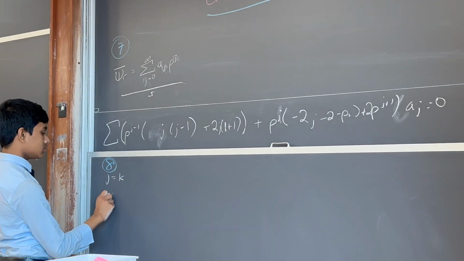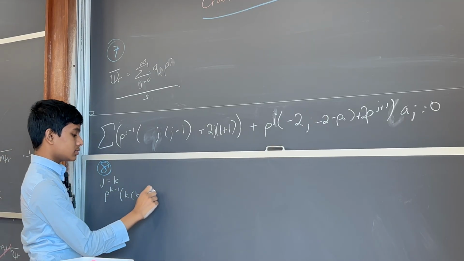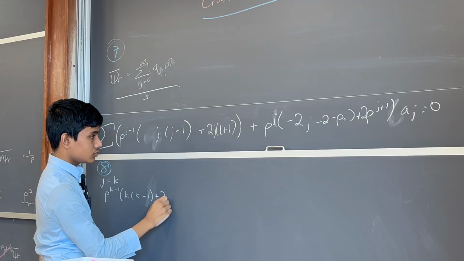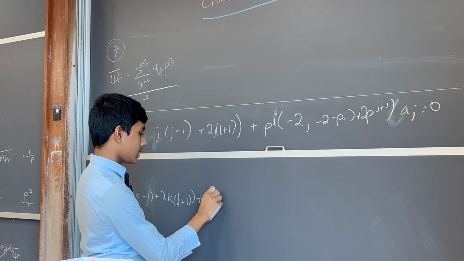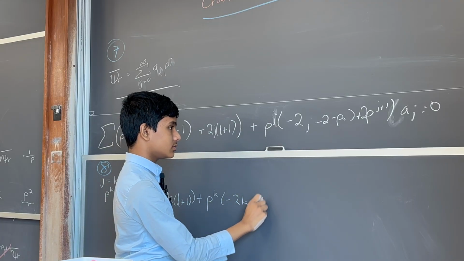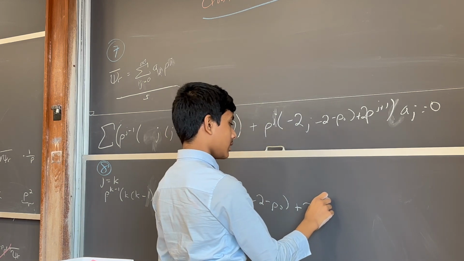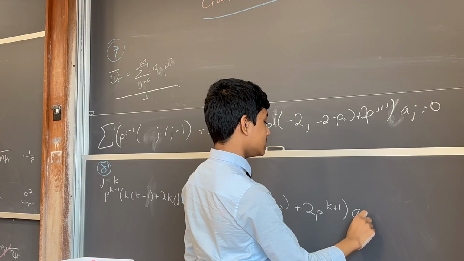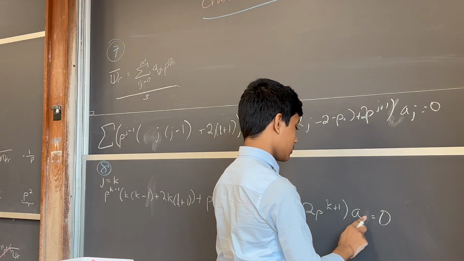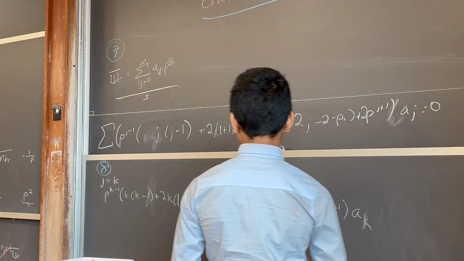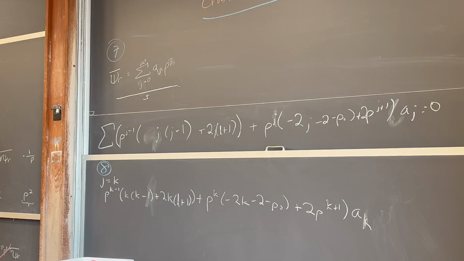We get rho to the k minus 1 times k minus 1 plus 2k plus 1 plus rho k minus 2k minus 2 minus rho naught plus 2 rho k plus 1 aj is equal to 0. No, not aj, it shouldn't be aj. No, this is not equal to 0. That gives the trivial solution. Okay, so that's the case k term.